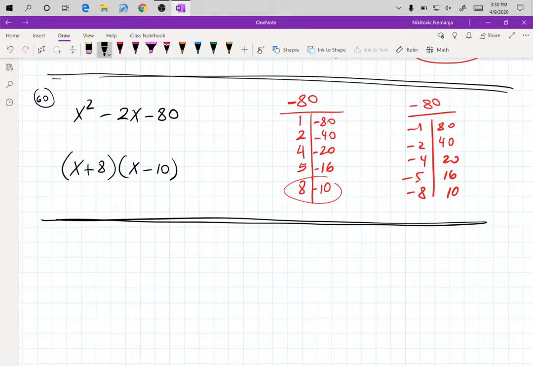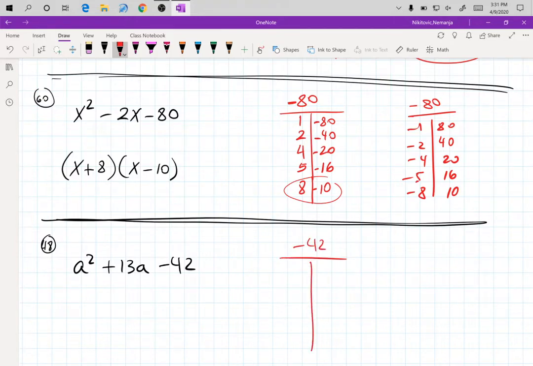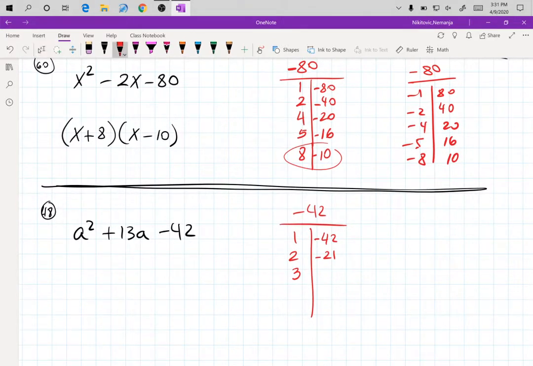a squared plus 13a minus 42. This is problem 48. This one cannot factor. Let's take a look. Negative 42: 1 and 42, 2 and 21, 3 and 14, 4 doesn't work, 5 doesn't work, 6 and 7.